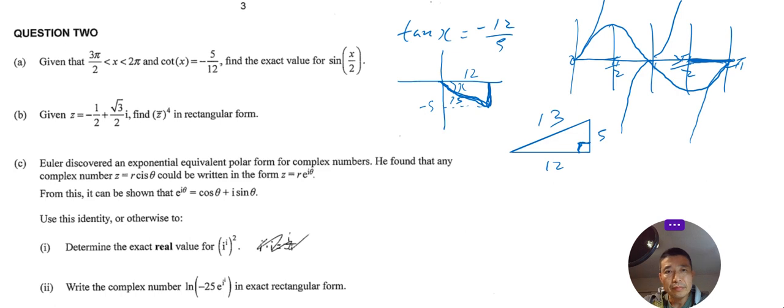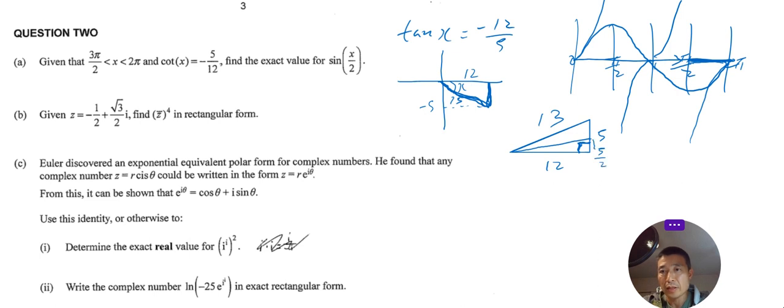Now, because it's x over 2, what that means is we have to bisect x. That becomes x over 2, right? If we find this midpoint, because this is a 5, that point there must be 5 over 2.